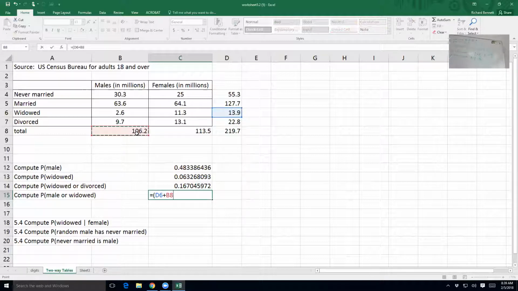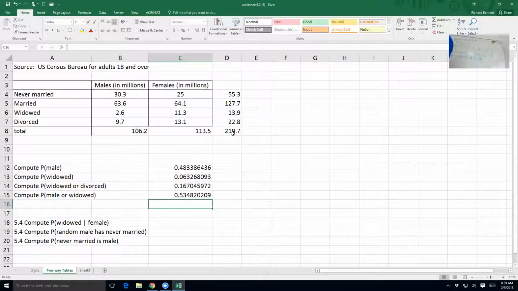Plus the 106.2 minus the what? 2.6, because those are not disjoint anymore, so we're using that. And we're going to divide by 219.7. So 0.534, you're either male or you're widowed. So we just use all of the addition rules, for when it's disjoint and not disjoint.